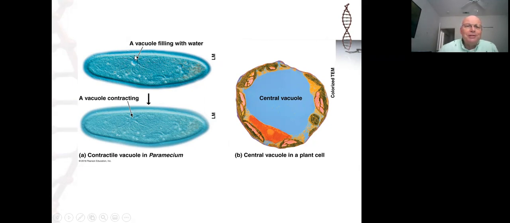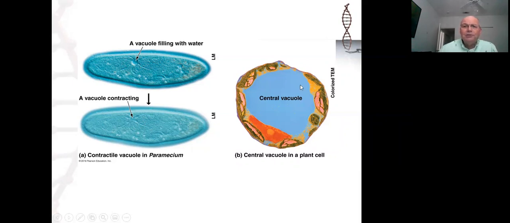It allows the cells to capture water that's flowing in and pump it back out again, as a way of regulating water flow so that they don't swell up and burst. It requires energy, but it's an energy investment that is beneficial to the cell, because if it didn't do this, it would swell up and burst, and that would be lethal. So investing some energy in pumping the water out, great investment as far as these cells are concerned.